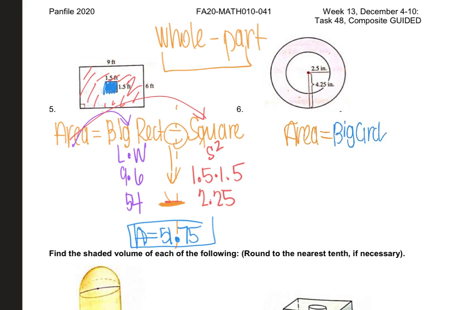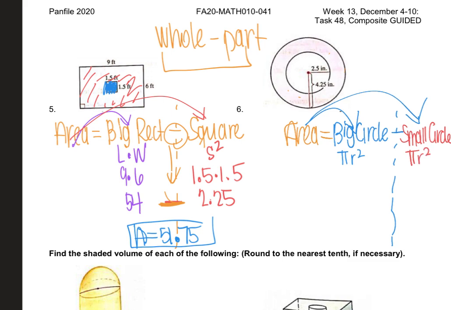You always start with the whole, and I'm just looking for what shape it is and how big it is. So big circle minus small circle. For both of these, I have the areas equal to pi r squared.